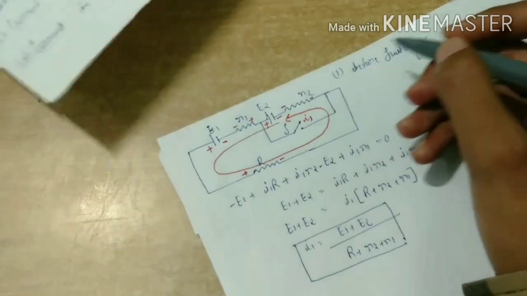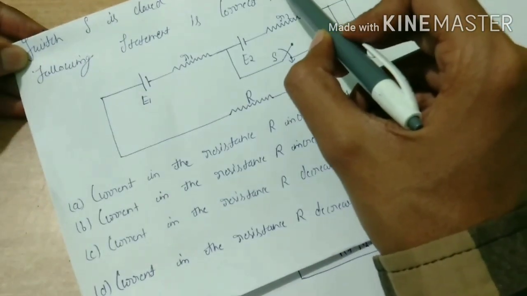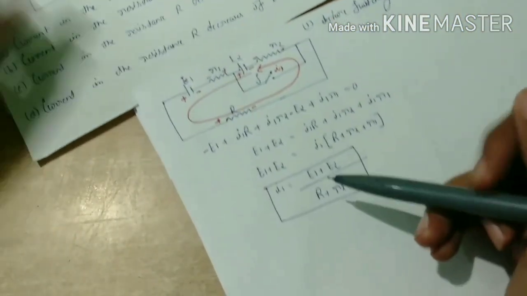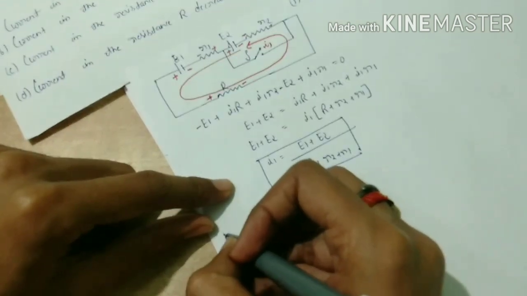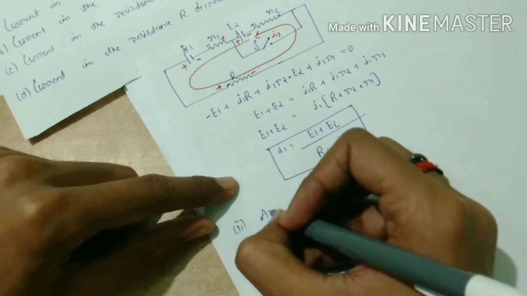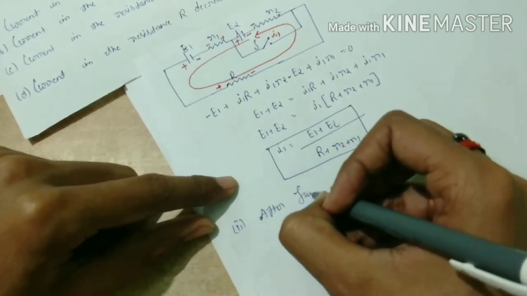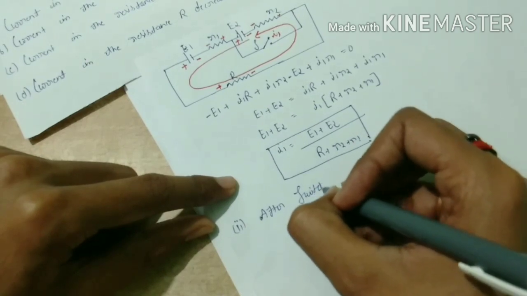The question says the switch is closed at time t equal to 0, which means in the second case we have to consider after switching.